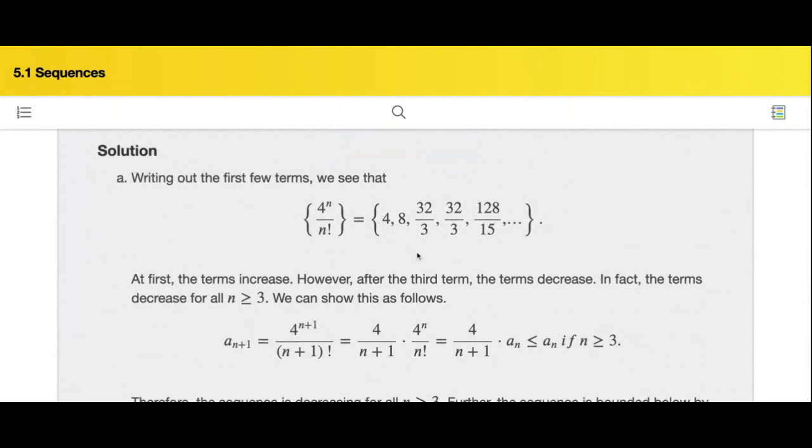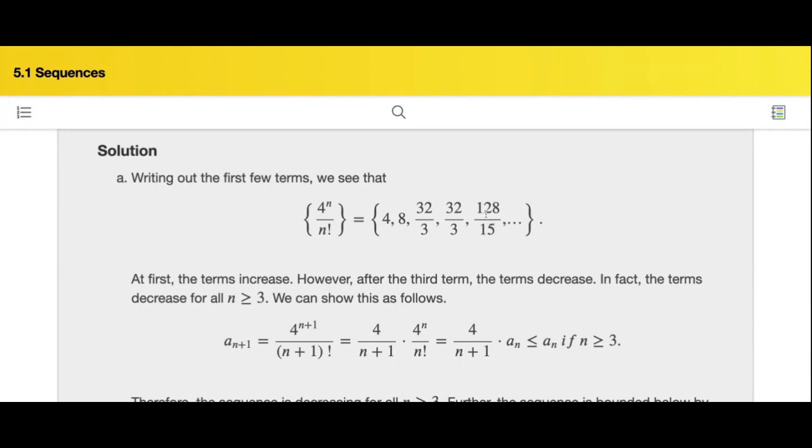So at first the terms increase, right? 4 to 8 increases. Then 32 over 3 is almost 11, so 8 to 11 increases. Then 128 divided by 15 is less than 10, so that's less than 11.